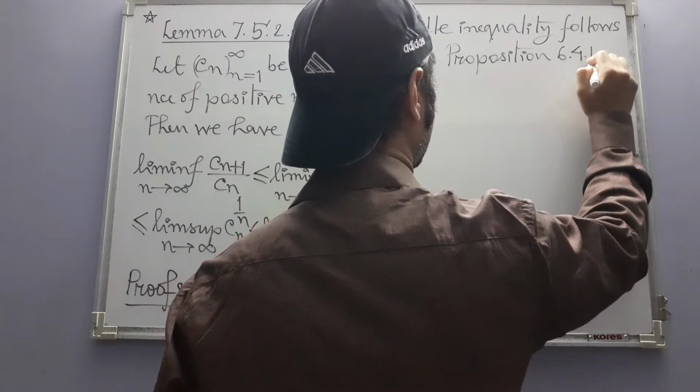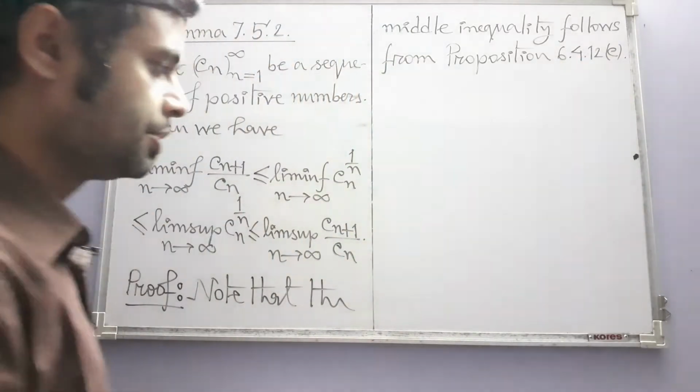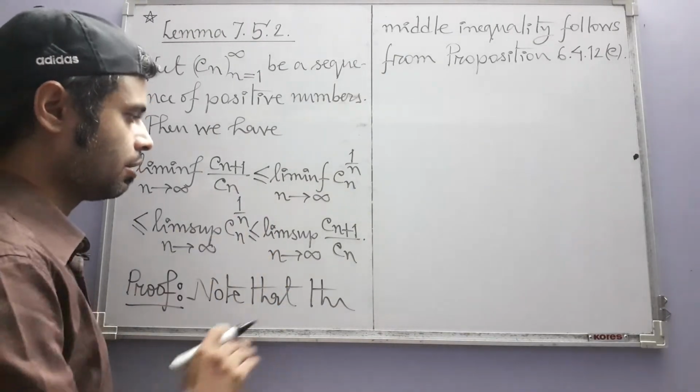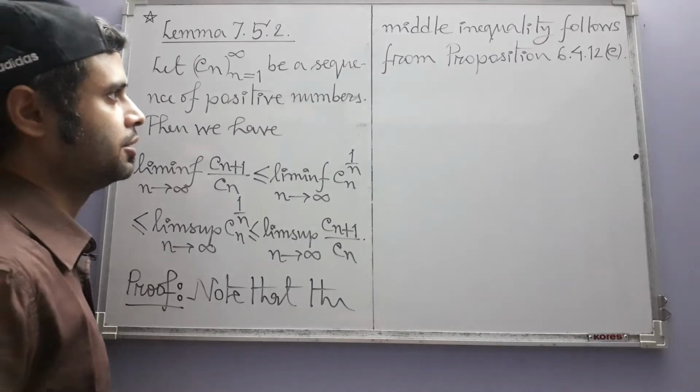Six, 4, 12 part C, which just states this itself, that lower limit is always less than or equal to the upper limit.